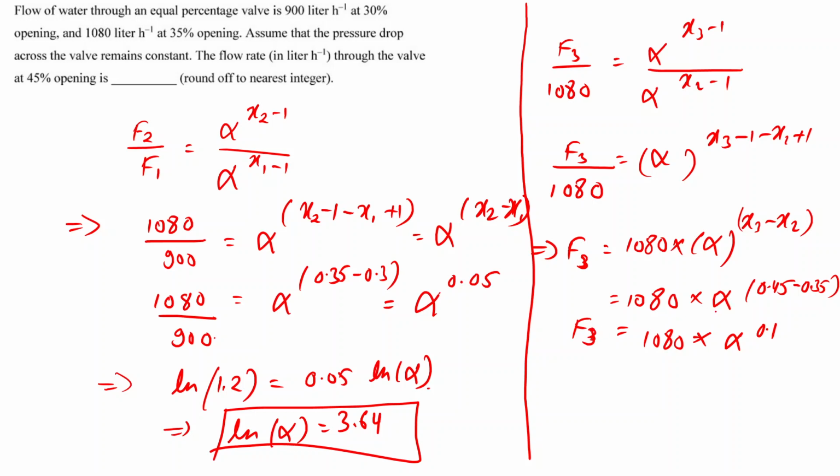Now from over here we can simply calculate the value of alpha and put it here. So the value of alpha is 38.09. So 1080 into 38.09 raised to 0.1.